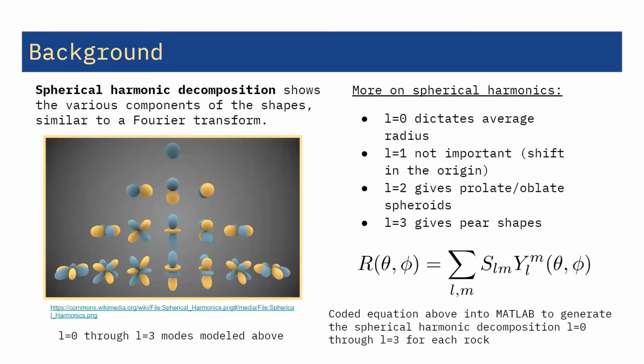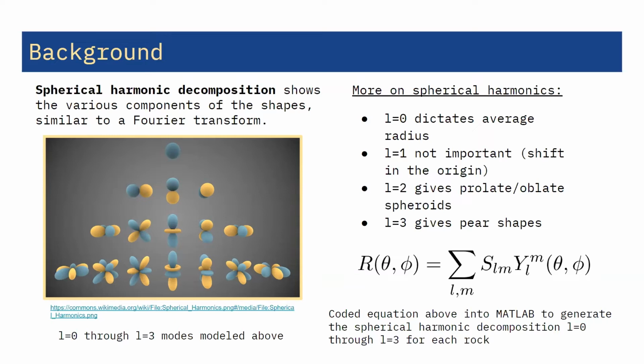A little bit more background. In this project, we analyzed the shapes through spherical harmonic decomposition, which shows various components of the shapes, a lot like a Fourier transform. We actually used L equals 0 modes through L equals 3, which is shown right here. L equals 0 is an average radius measurement.